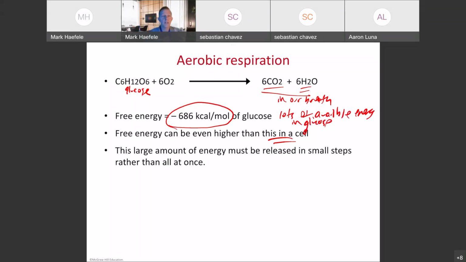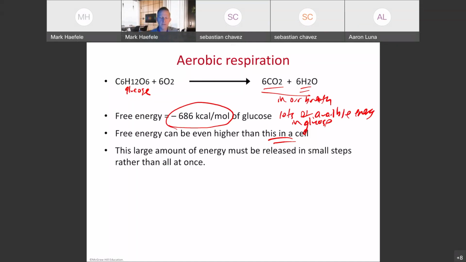It's kind of the same thing we do with nuclear power, right? If we release nuclear power all at once, it's basically like an explosion, right? That's a bad thing. That'll kill us all. So what we do instead in a nuclear reactor is, in small increments at a time, we basically leach out the energy associated with these nuclear fuels a little bit at a time so that we can manage it.